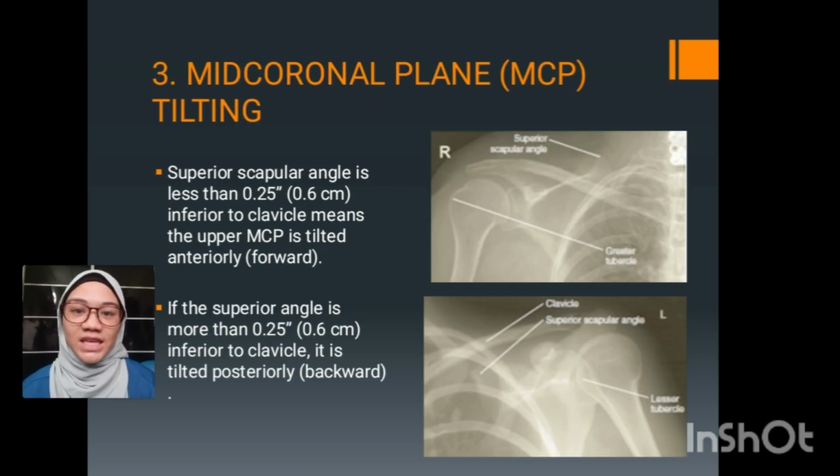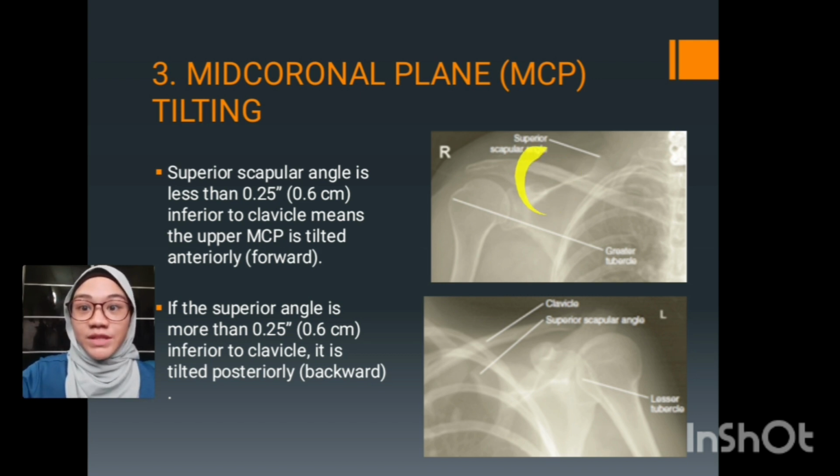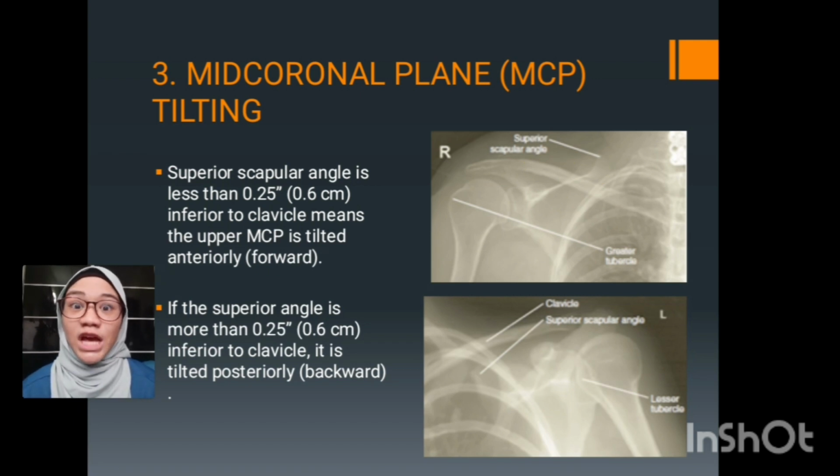Third, mid-coronal plane tilting. If the superior scapular angle is less than 0.6 cm inferior to the clavicle, it means the upper MCP is tilted anteriorly, or forward. As you can see in the example here, the superior scapular angle is located above the clavicle, so it is tilted forward.